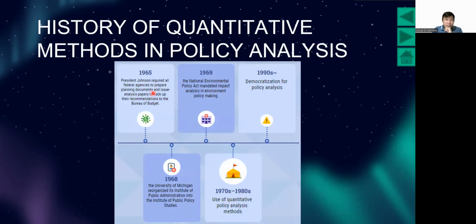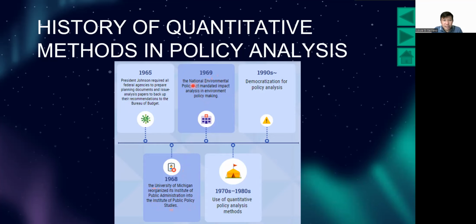Up to 1980s. In 1965, President Johnson required all federal agencies to prepare planning documents and issue analysis paper to back up their recommendation to the Bureau of Budget. In 1968, the University of Michigan organized its Institute of Public Administration into the Institute of Public Policy Studies.